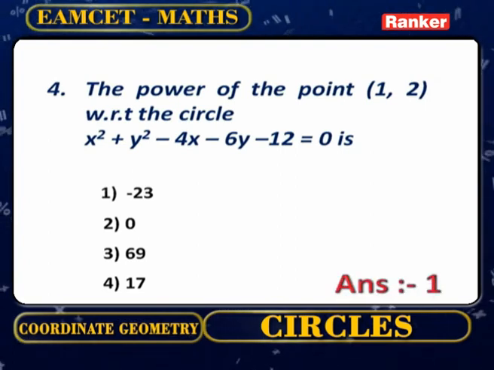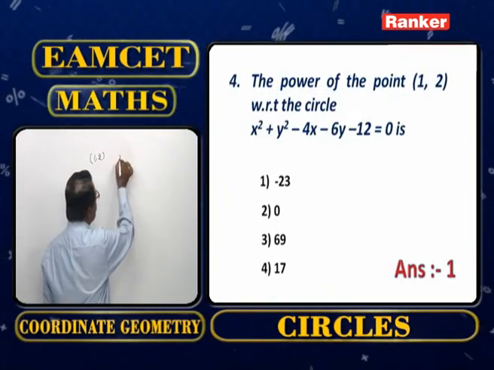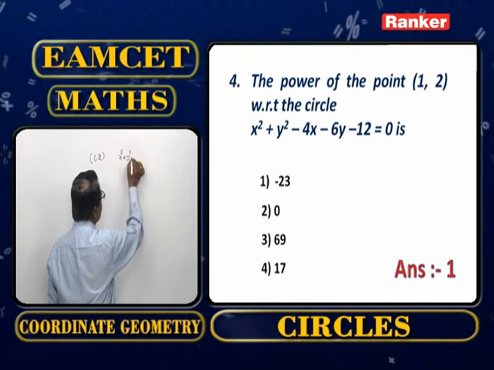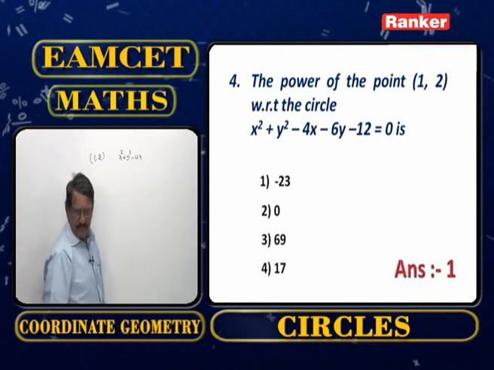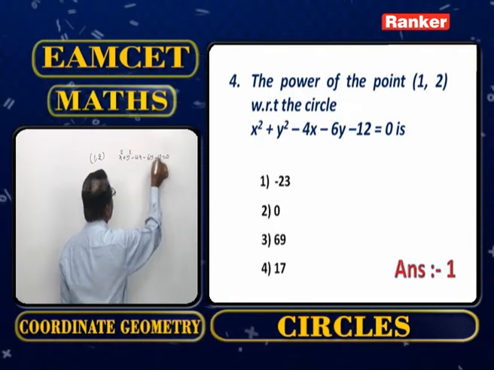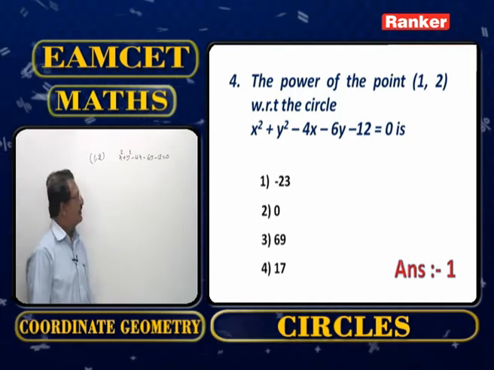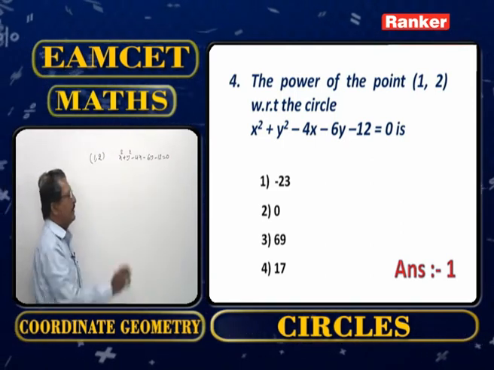The power of the point (1, 2) with respect to the circle x square plus y square minus 4x minus 6y minus 12 equals 0. We require the power of the point (1, 2).